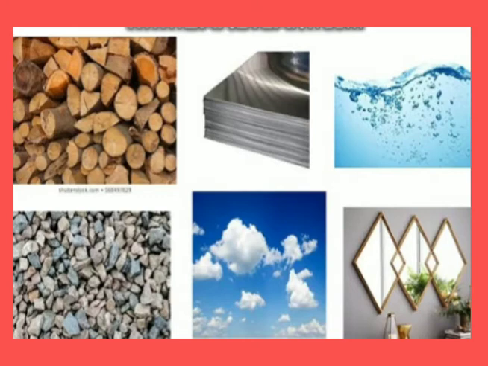So these rock pieces are opaque because they don't allow light to pass through. This wood is again opaque. Aluminium sheet, yes, opaque. Mirror is also opaque, that is why all the light gets reflected and image formation happens.